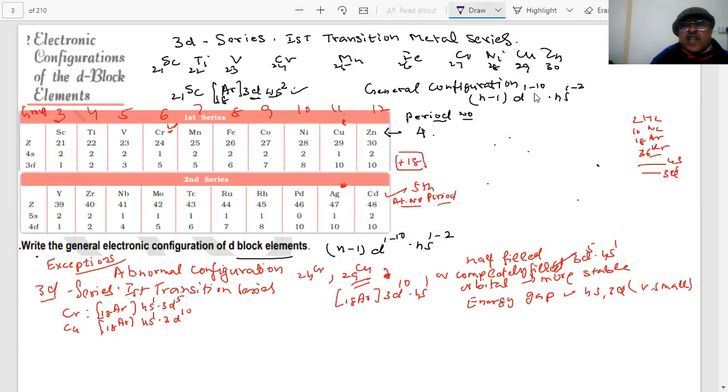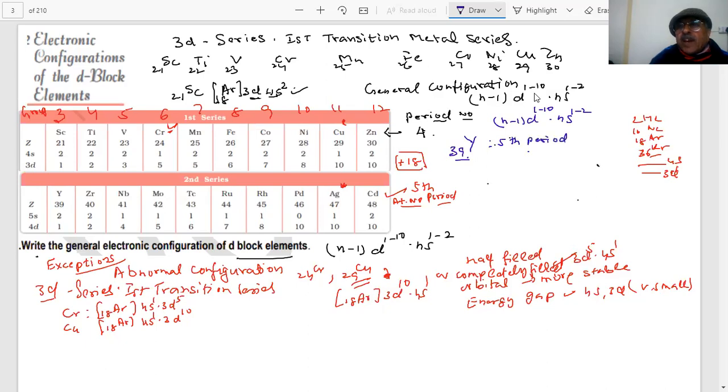Supposing you are given yttrium, atomic number 39. The general electron configuration of the transition elements is (n minus 1)d 1 to 10, ns 1 to 2. Now this belongs to which period? Fifth period.